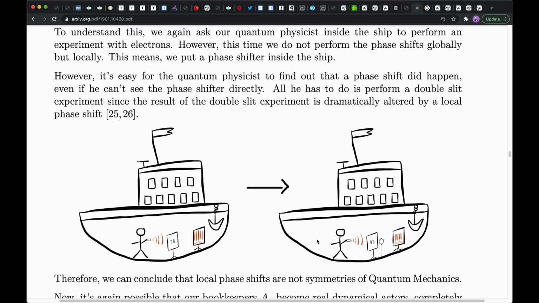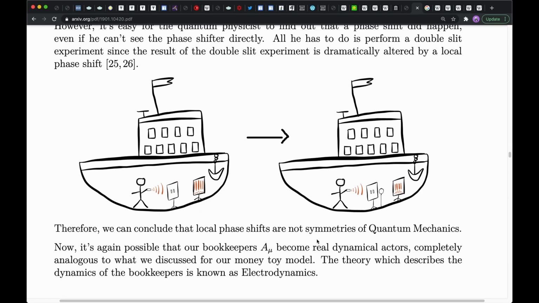Because of that we can conclude that local phase shifts are not symmetries of quantum mechanics, because if you change those, that will be detectable by the physicist.